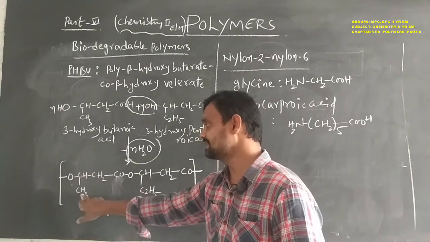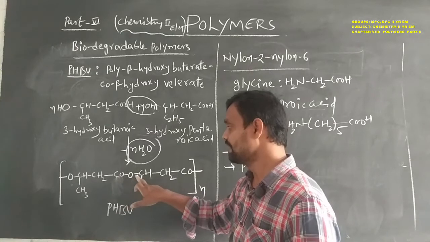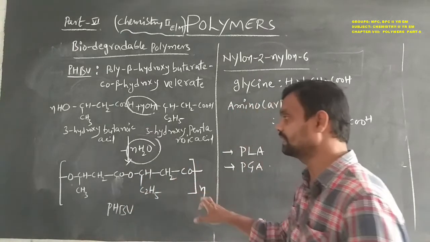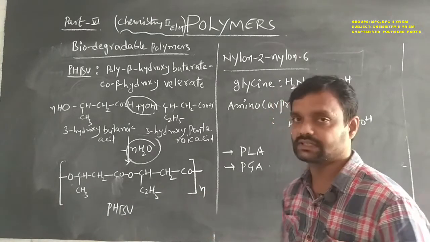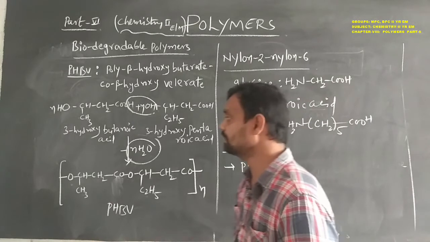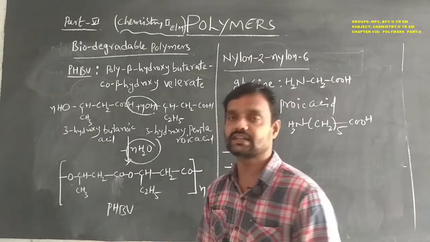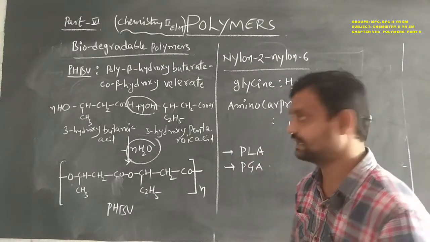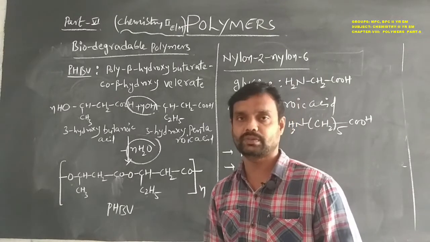So OCH3 bond CH2 bond CO bond O bond CH bond C2H5 bond CH2 bond CO, taken N times. This is the final structure of the PHBV biodegradable polymer, obtained from 3-hydroxybutanoic acid and 3-hydroxypentanoic acid.